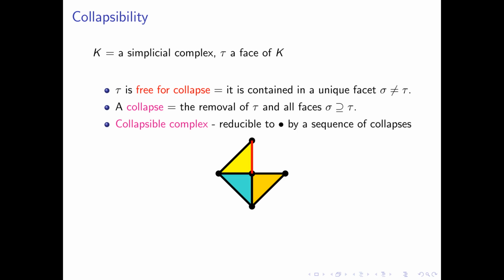That means the triangle. Then I have next free edge, another free edge. Then, for example, this vertex is also free because it's contained in a unique triangle. I may remove it, and so forth. In the end, I obtain a single point. Hence, the original complex was collapsible.